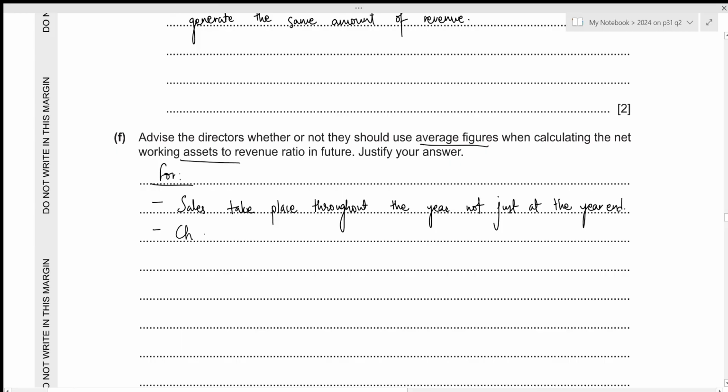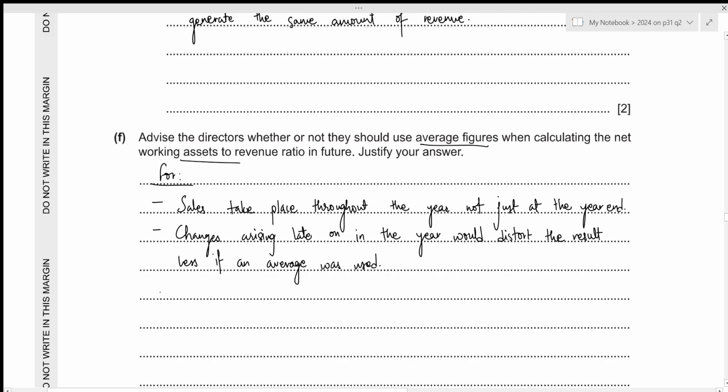Changes arising late on in the year would distort the result less if an average was used.